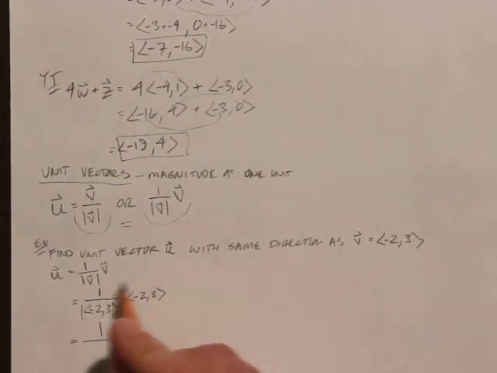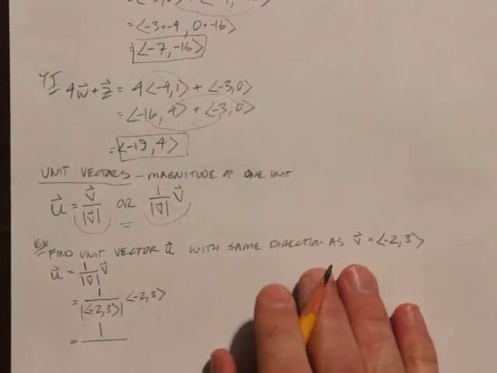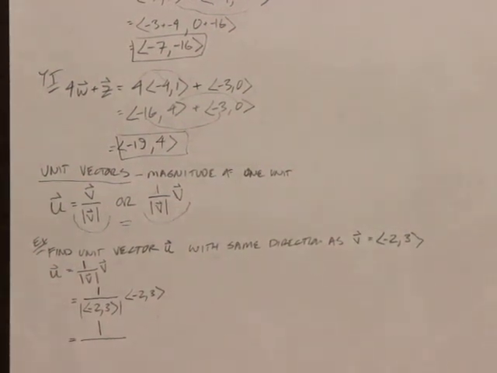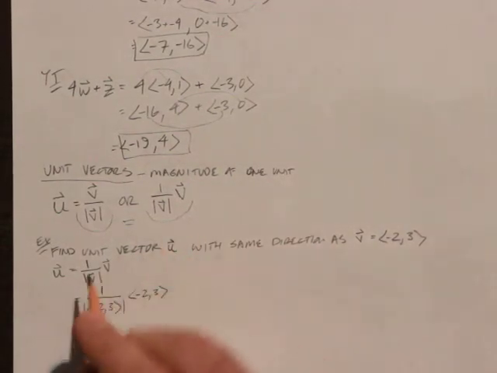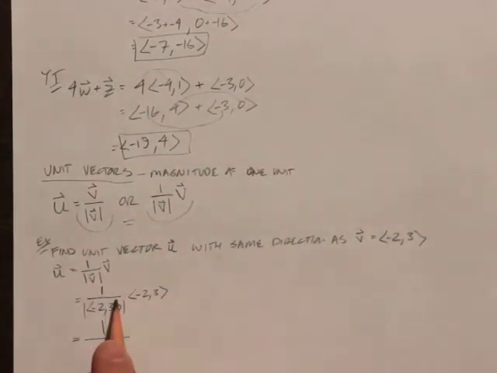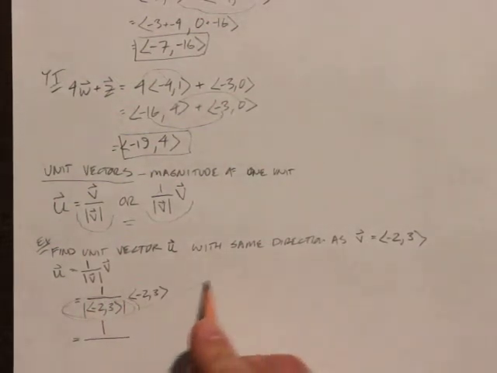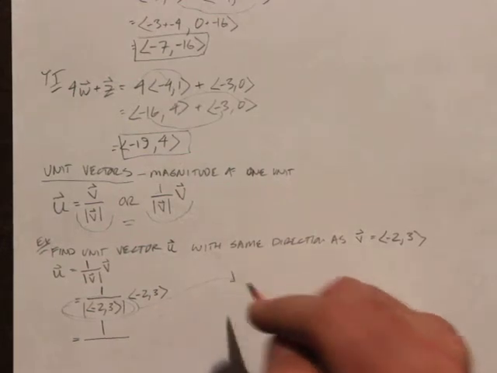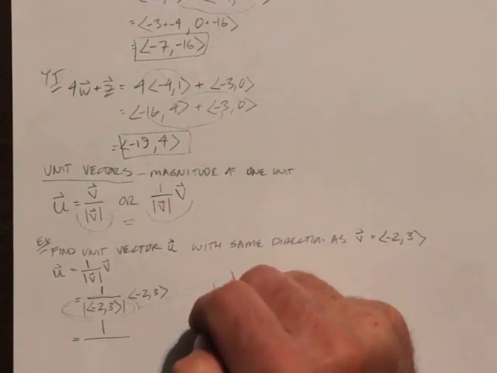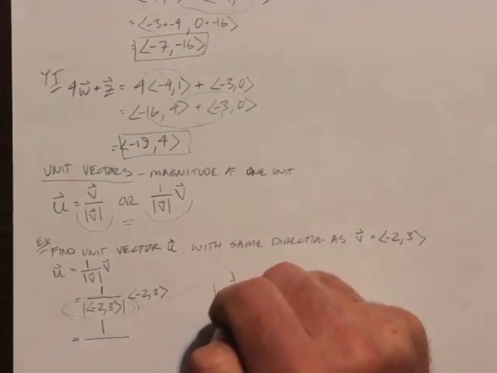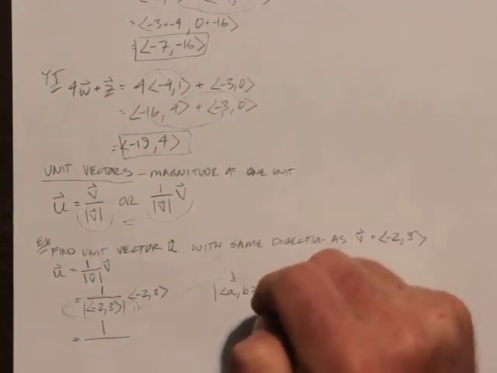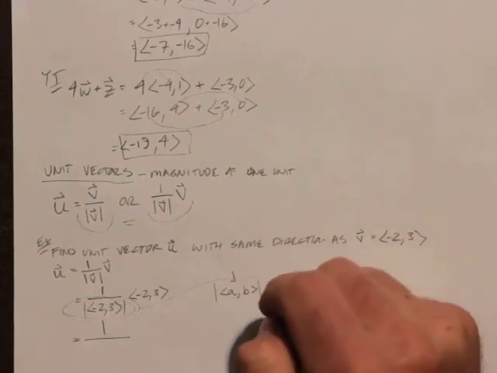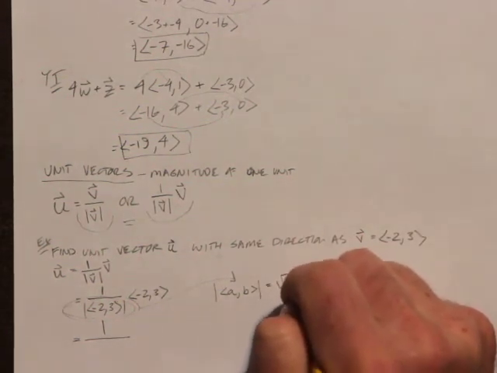Now this is the time when I give you a whole other formula that you are going to love quite a bit. I need to use this new formula. The absolute value of this vector equals the square root of a squared plus b squared.